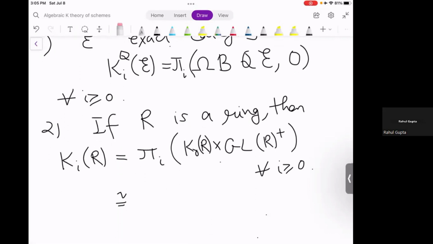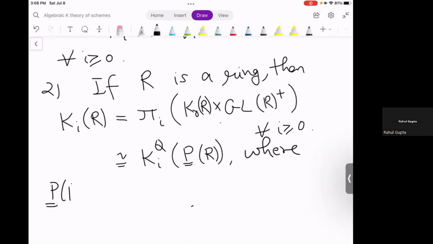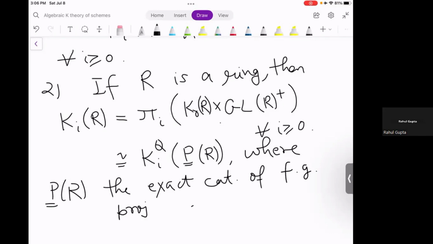What you have seen in the last lecture is the statement that this is the Quillen K-theory of the exact category coming from projective modules, where P of R is the exact category of finitely generated projective R-modules.